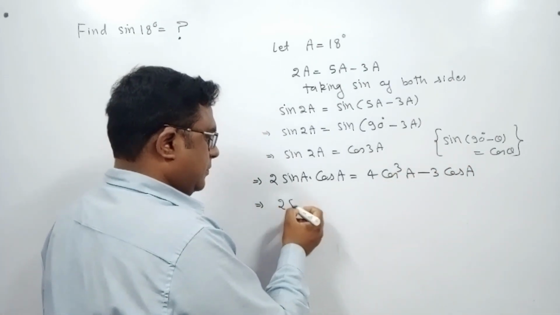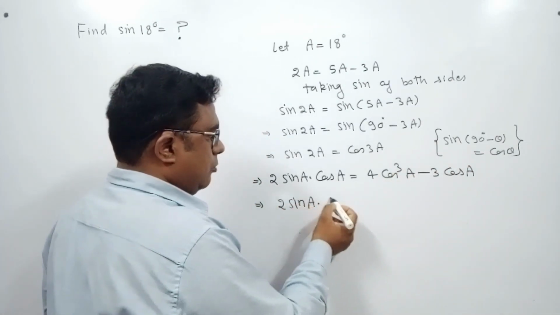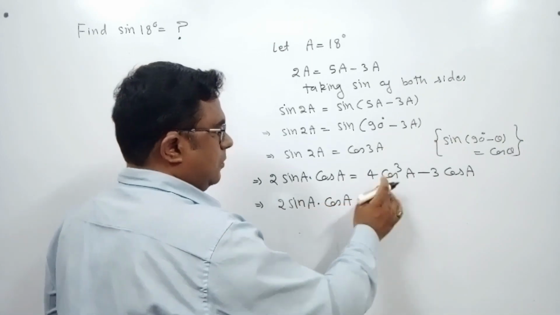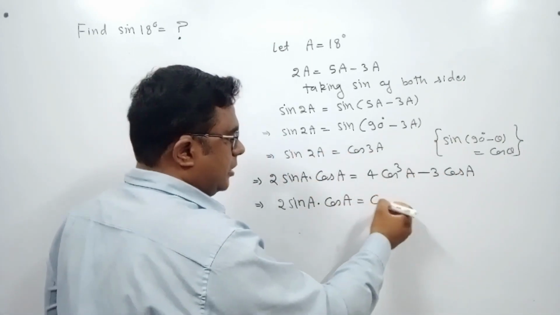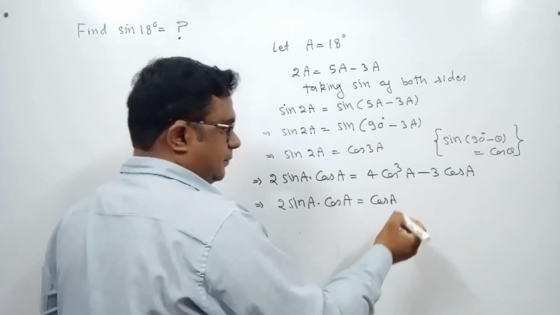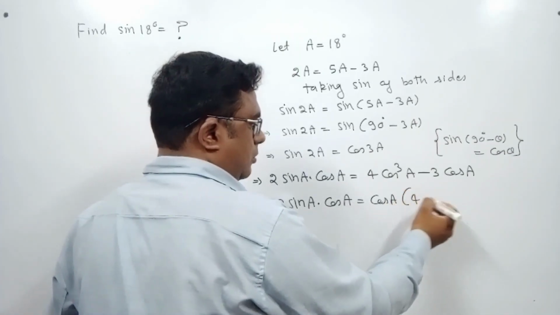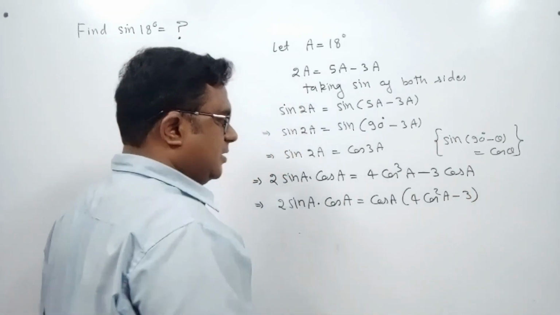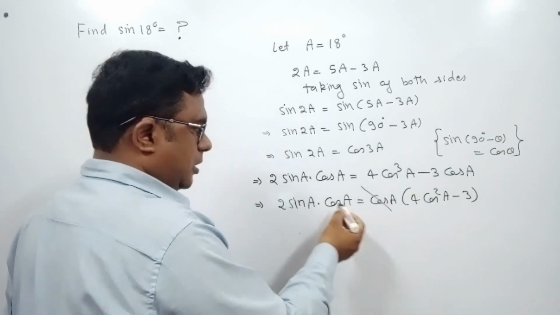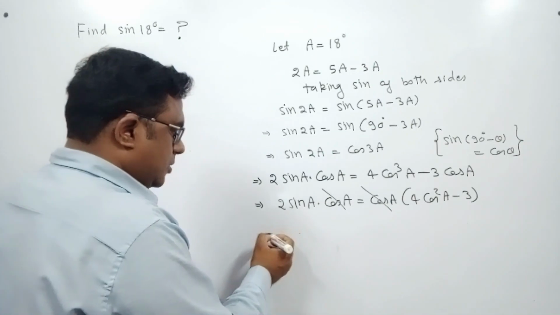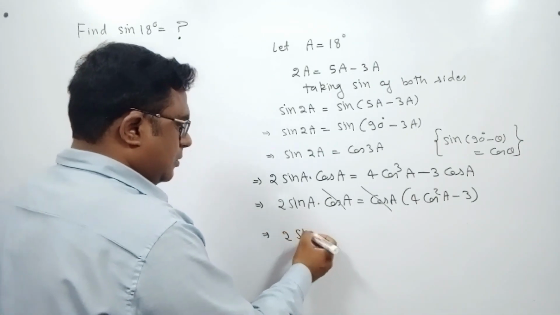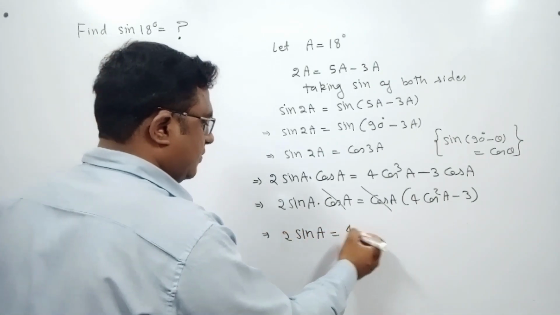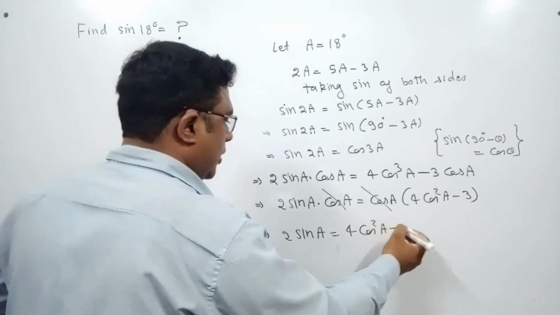This implies that 2 sine A into cos A stays as it is. From these two terms we can take cos A common, so 4 cos square A minus 3 will be left inside the bracket. Let us cut cos A and cos A. So 2 sine A is equal to 4 cos square A minus 3.